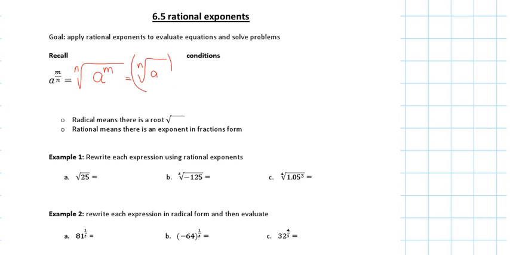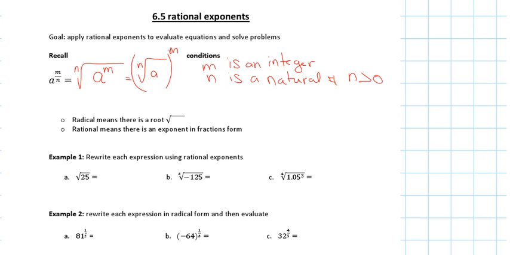Okay? So the conditions that I have to meet is m has to be an integer, so m has to be a whole number. N cannot equal 0 because I cannot divide by 0. We call that a natural number where n is greater than 0.